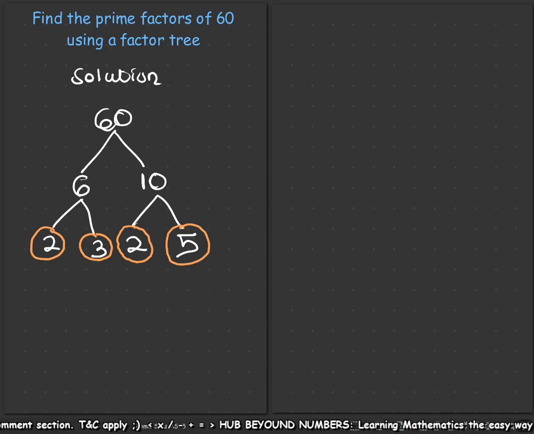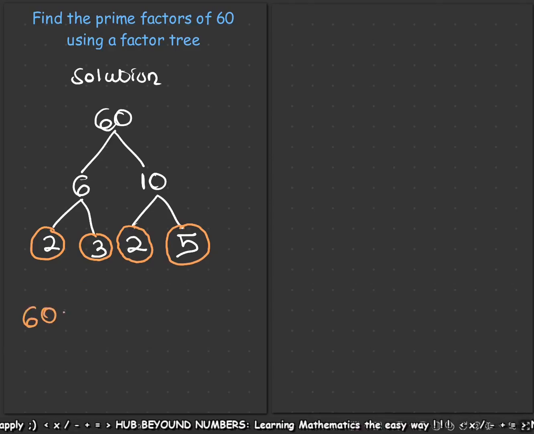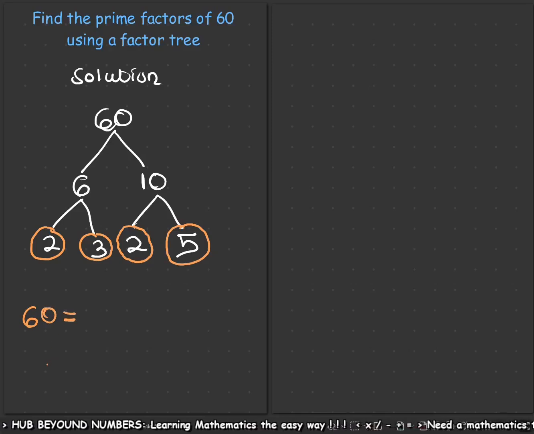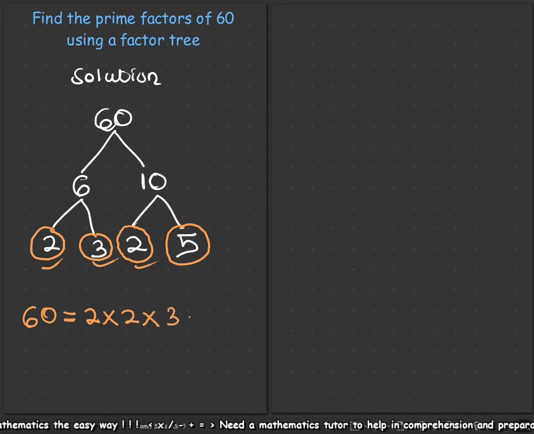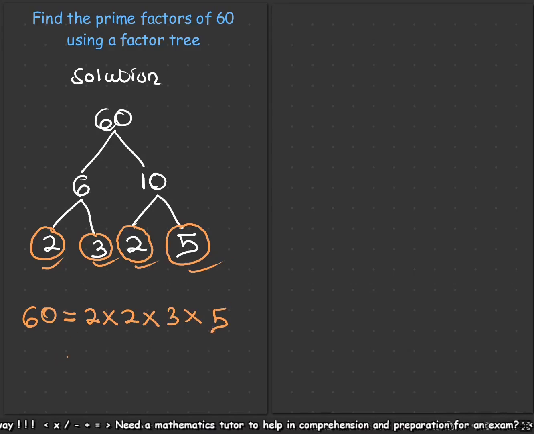To write our answer, 60 is equal to, it is good you write them in ascending order, 2 times 2 times 3 times 5.